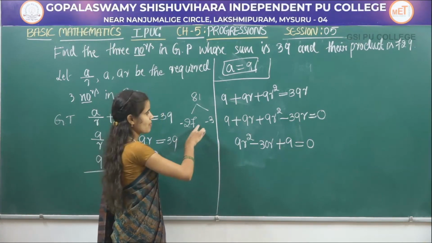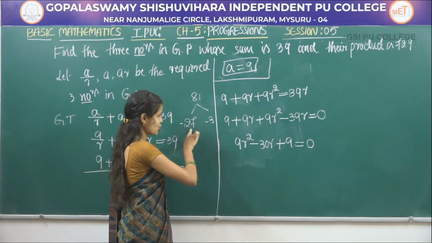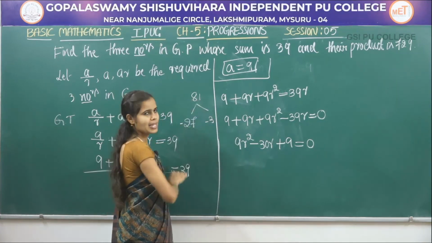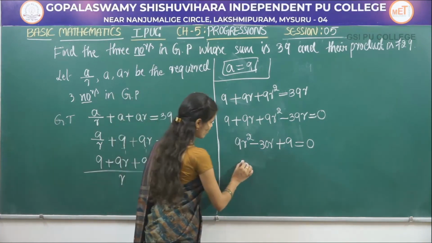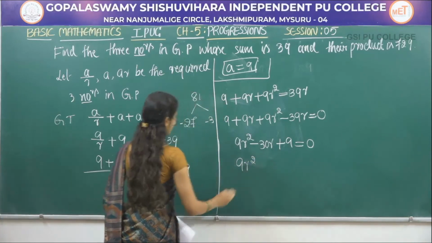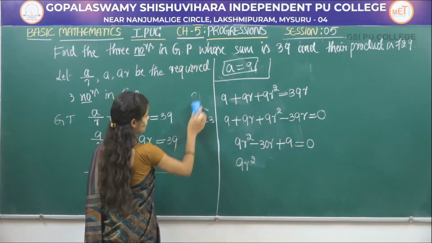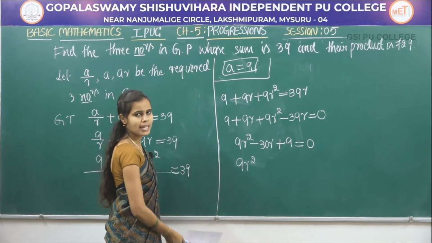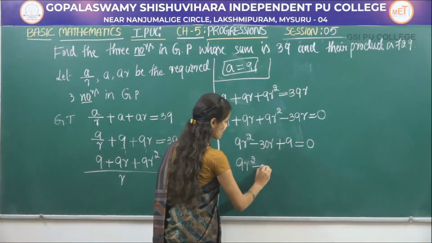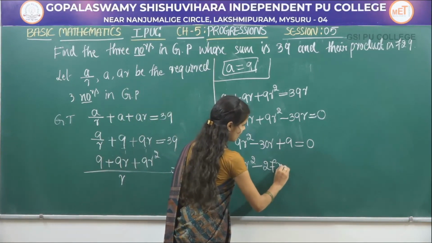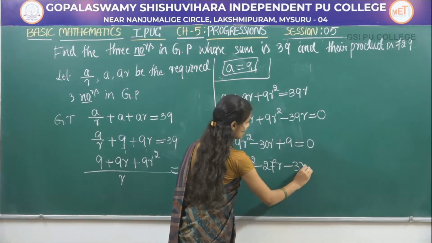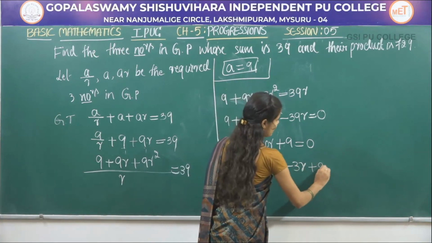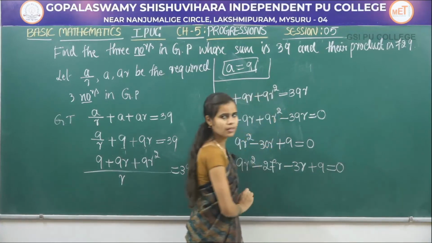Minus 27 minus 3 is minus 30, and minus 27 into minus 3 is plus 81. Therefore the two numbers are minus 27 and minus 3. So minus 30r can be written as minus 27r minus 3r, plus 9 is equal to 0.